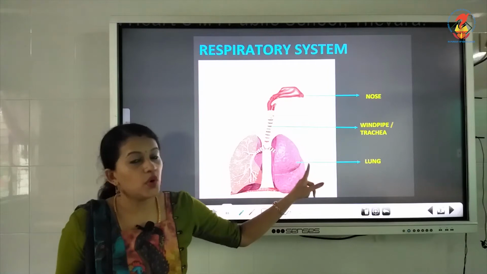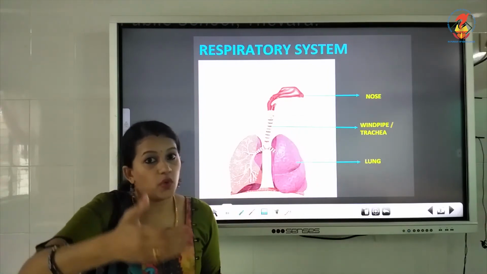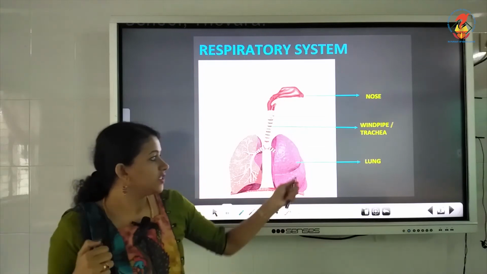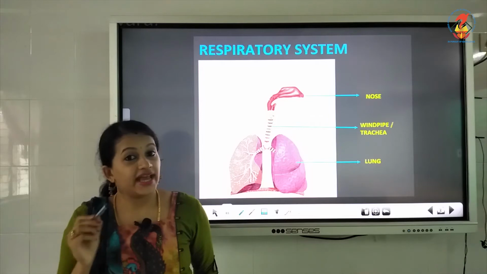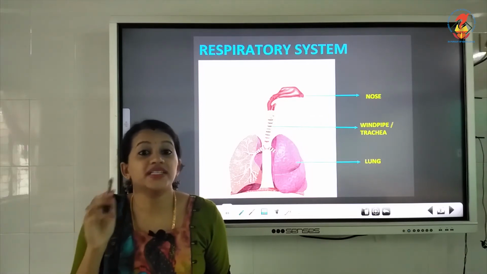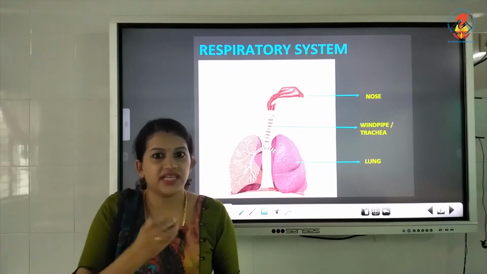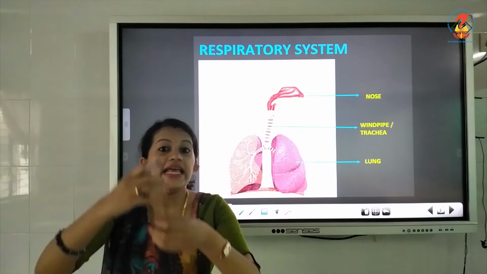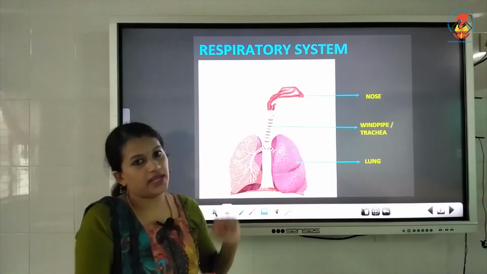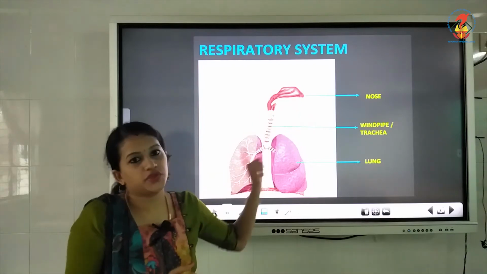The organ that takes this air to the lung is the windpipe. It is just like a hollow pipe, a long tube that will carry this air from the nose to the lung.